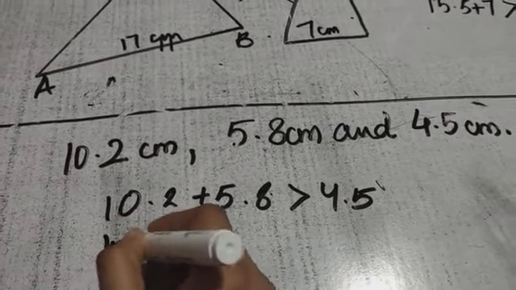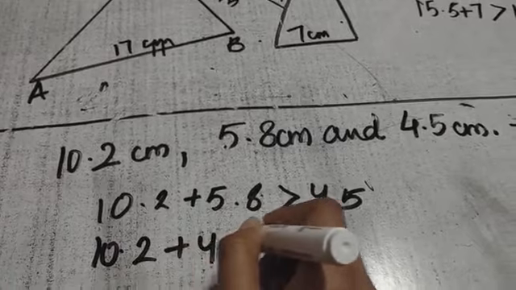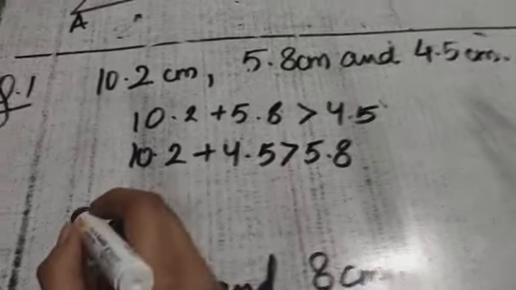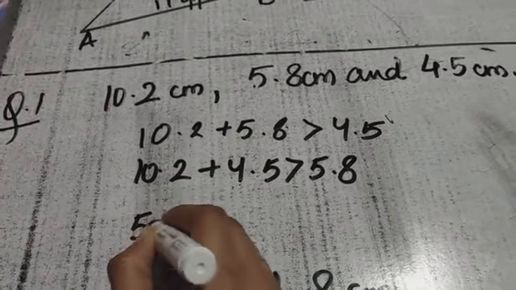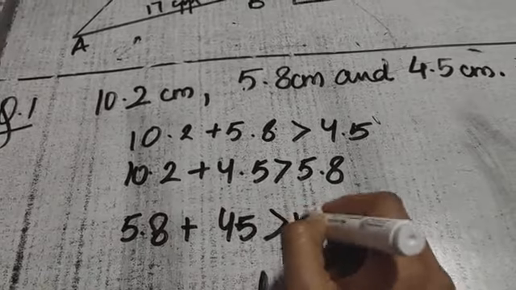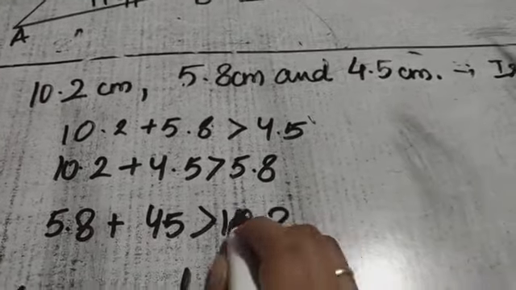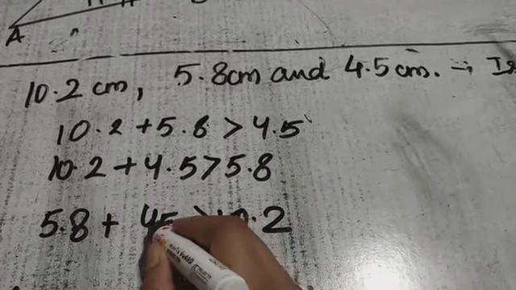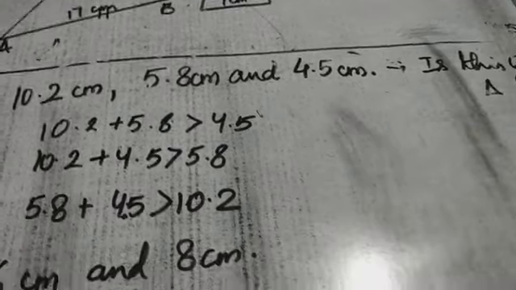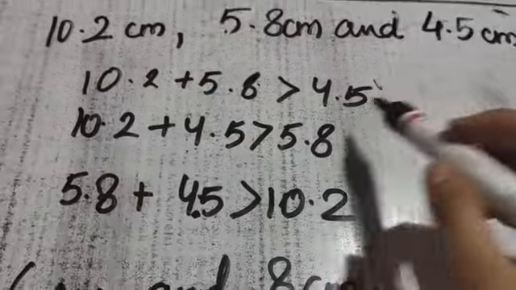Then 10.2 plus 4.5 is greater than 5.8, right? And 5.8 plus 4.5 is greater than 10.2. If all these are correct, then we can say it is a triangle.